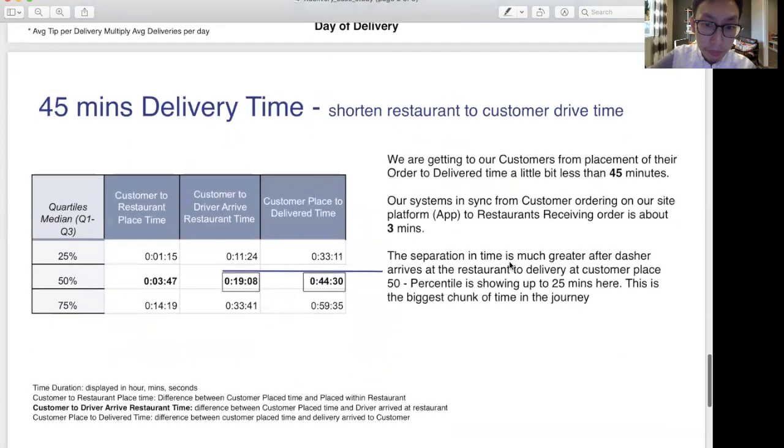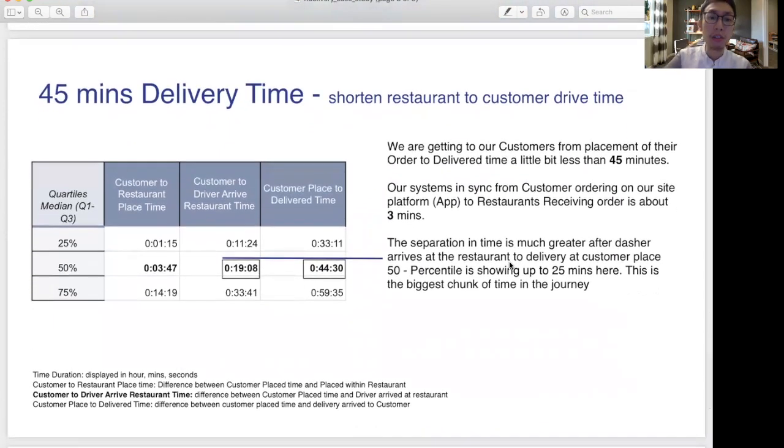So here, this is the slide pertaining to the restaurant time: the customer ordering it, placing it through to the driver, and also the driver arriving at the actual customer location.